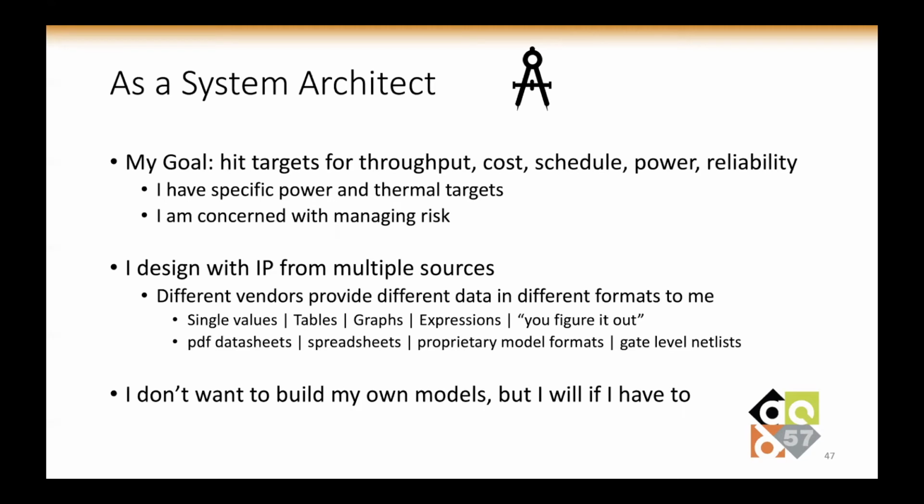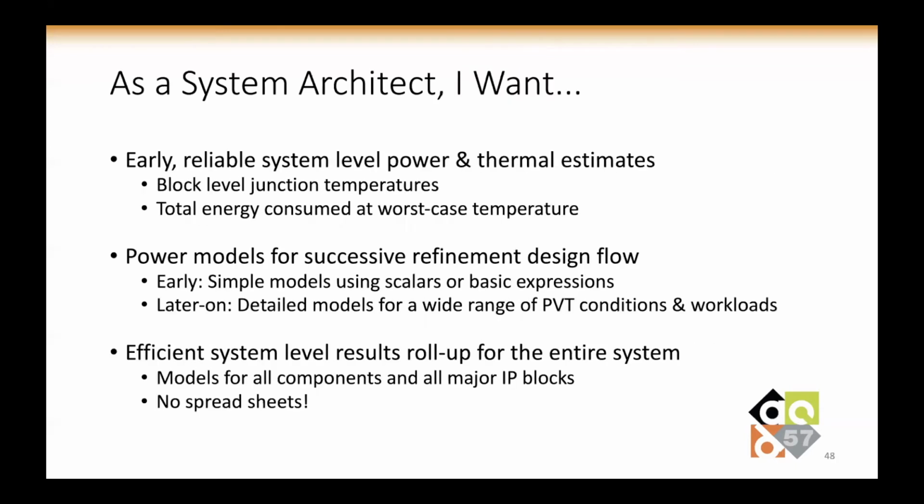If they do have it, the delivery mechanisms are likely to vary too, from data sheets to spreadsheets, proprietary formats, or even gate-level netlists that I would need to simulate. Finally, sometimes when my IP provider can't or won't provide the data I need, then I'll need to build my own models. As a systems guy, I really don't want to do that, but I will if I have to.